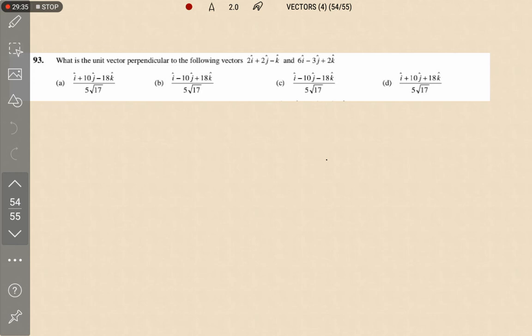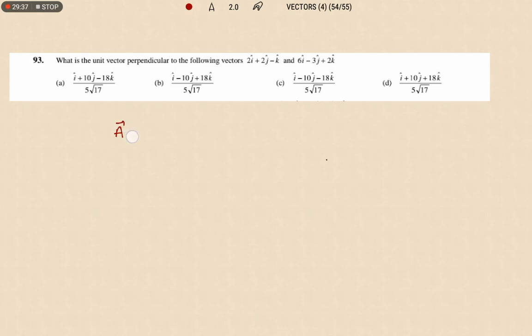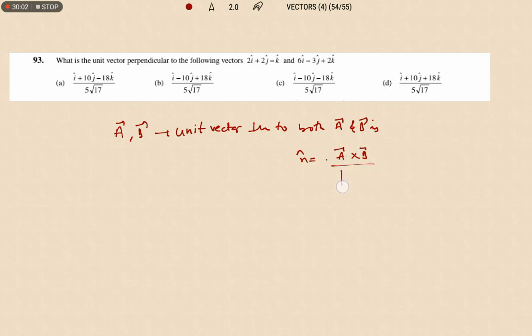I already told you: if a bar and b bar are two given vectors, then the unit vector perpendicular to both a bar and b bar, we can write, n cap is equal to a bar cross b bar divided by the modulus of a bar cross b bar.